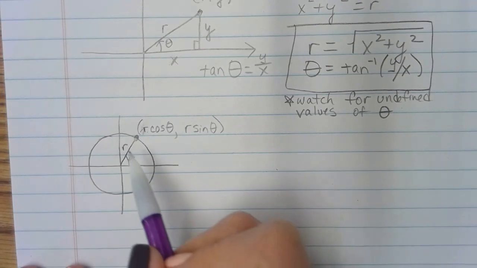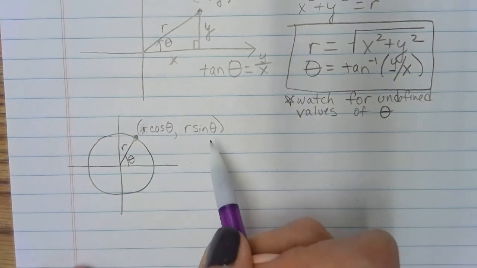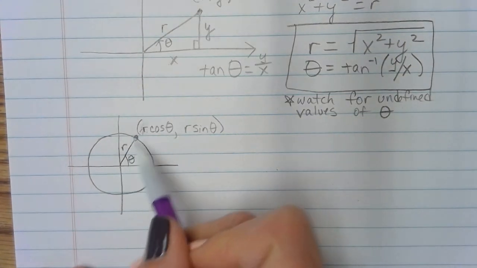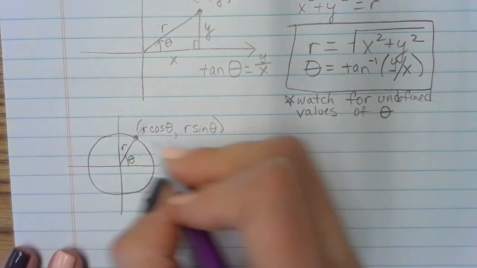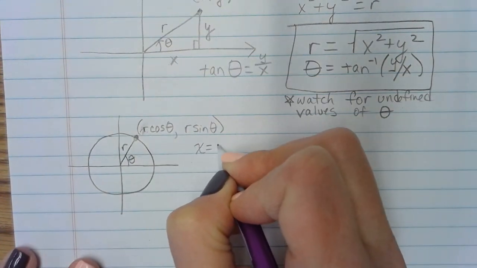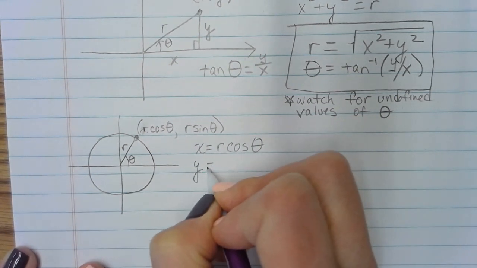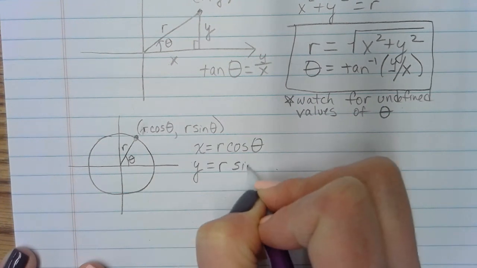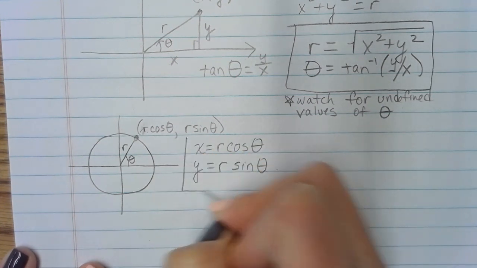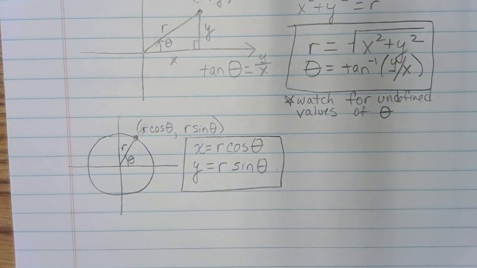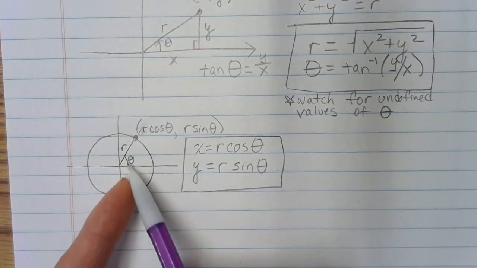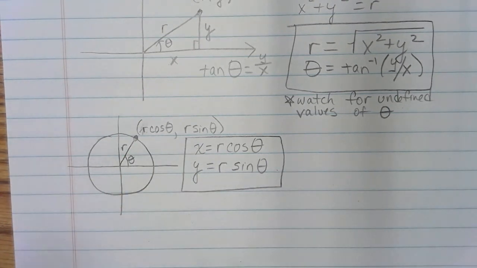Because on a unit circle, it's just cosine and sine because r is 1. But for any other radius, we have to include the r. So x is r cosine theta and y is r sine theta. If you're given the r and the theta, converting to Cartesian is actually pretty easy.